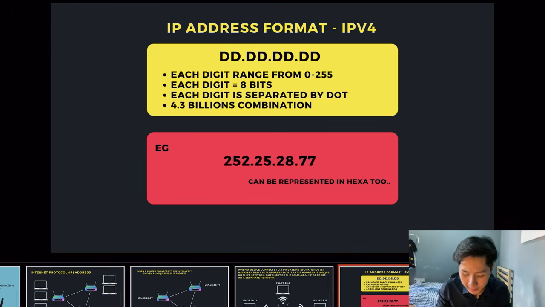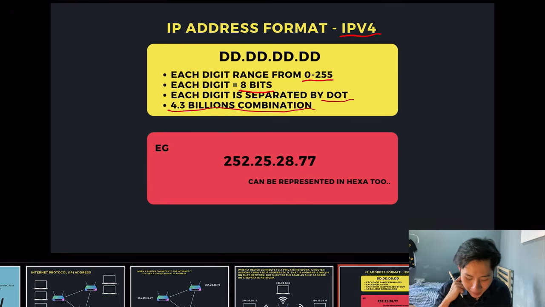This is the format for an IP address. This is for IPv4, each number ranging from 0 to 255. If you remember what we learned in data representation, we only need 8 bits to store this data, and each number is separated by a dot.